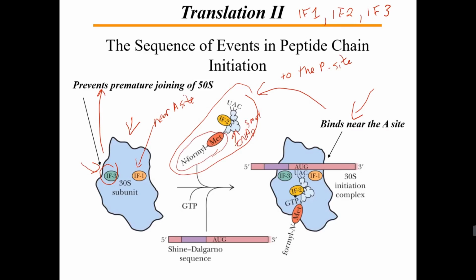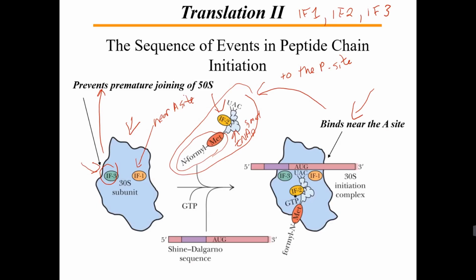All right, so IF2, as you can see here, is also a member of the G protein family, binds GTP, and the concomitant conformational change enables IF2 to associate with formyl-met tRNA.